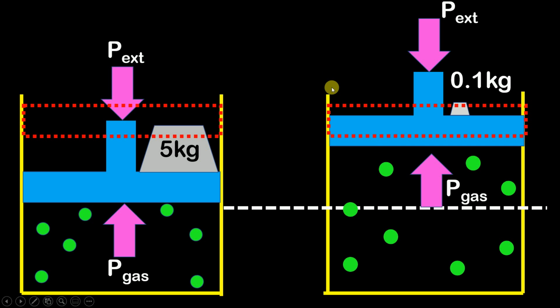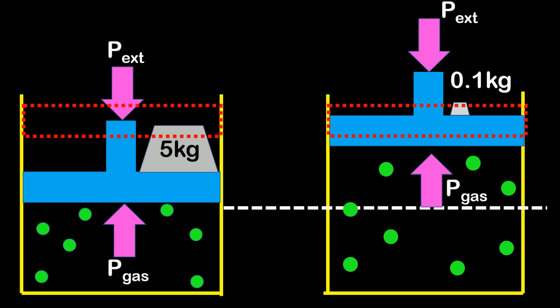The first difference is obviously I am adding less mass over here. Now what is the advantage of adding less mass? See, when I add less mass, the external pressure increases, but it increases by a small amount. So this external pressure, which is acting as the driving force, will increase by a small amount.